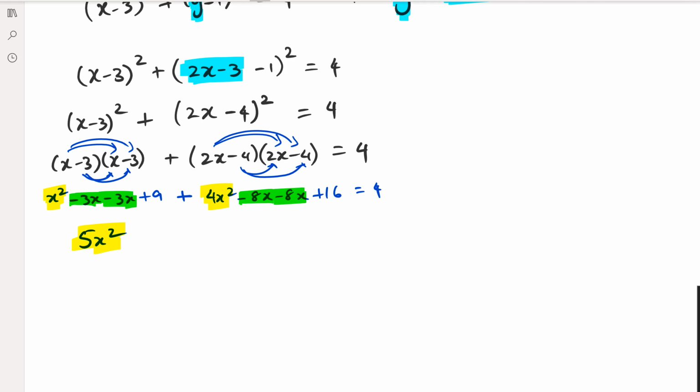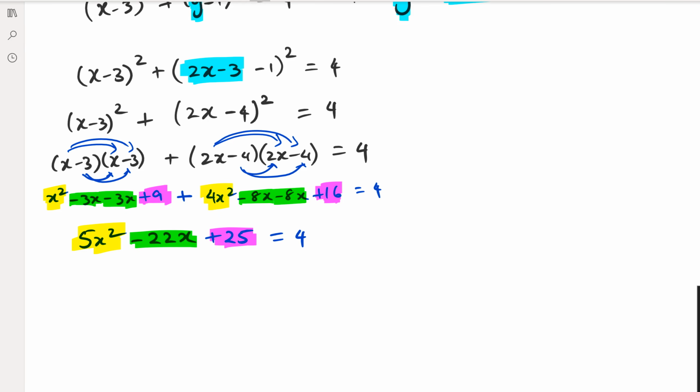And when I combine that, I've got minus 22x. So that's all the green part that's highlighted. And then finally, the numbers by themselves. In this case, I've got positive 9 and positive 16, which is plus 25. And all of that is equal to 4.